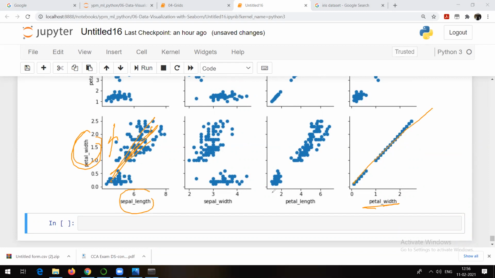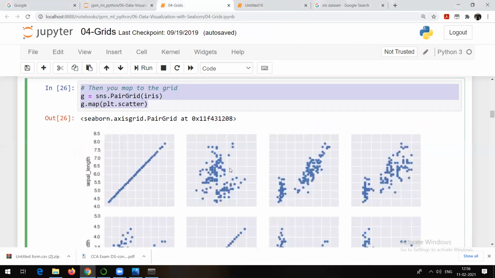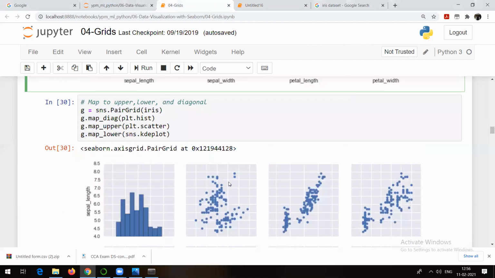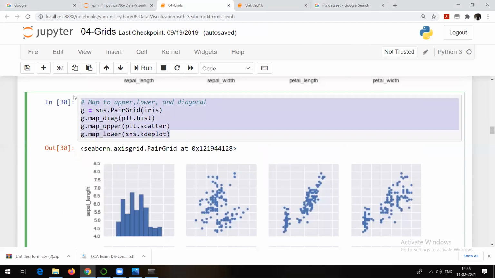The relationship between petal width and petal length is again linear, but there is some gap here; some data is not present. And in the case of sepal width and petal width, the relationship is something like this. So like this, you can have a look at the relationship between all the columns present in that data. What I have shown in these grids is nothing but different plots.